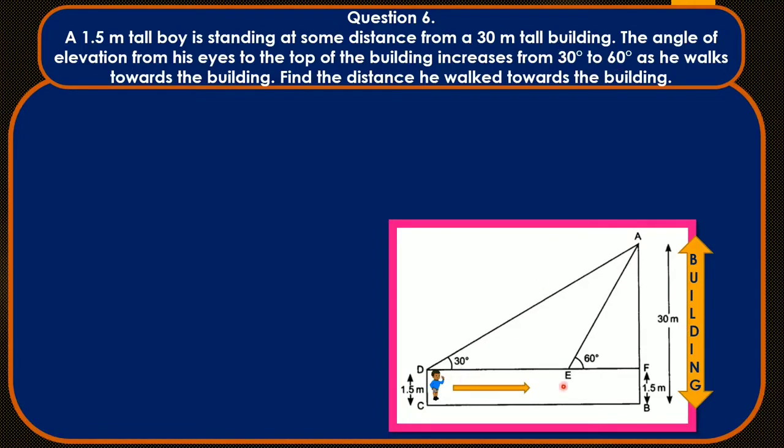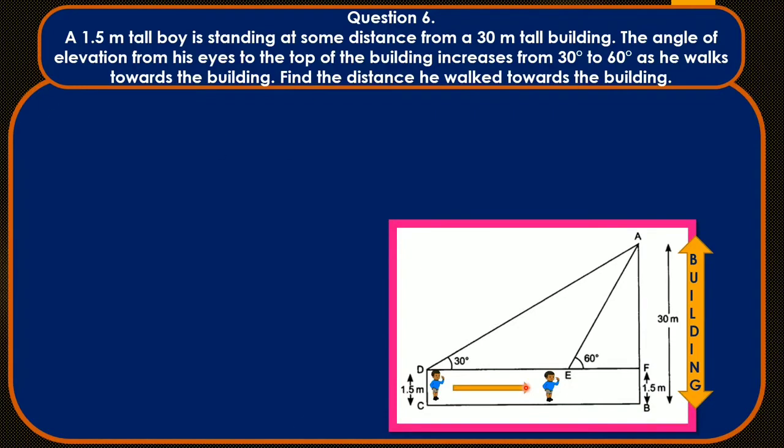So when he moves towards the building, then the angle of elevation, because this is the observer's eyes, and this is a horizontal level, so when he looks to the top of the building, this is called the angle of elevation, and it increases to 60 degree when he walks towards the building.